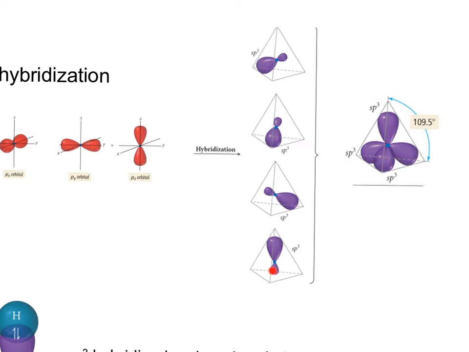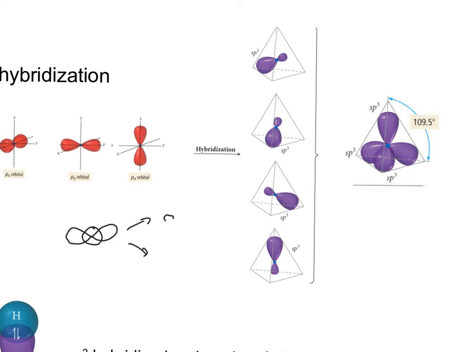And notice that it's got a little lobe and then a big lobe. So basically what you're doing is saying an s plus a p. You superimpose those two waves, and you're going to get 2. This would be for an sp hybrid, not an sp3, but just to give you the idea here.